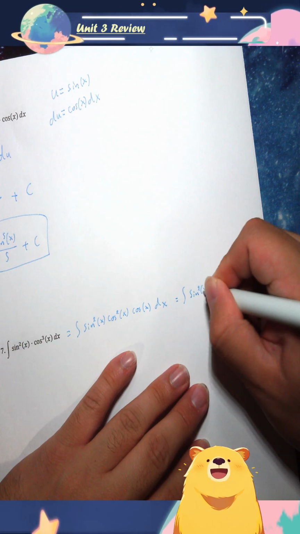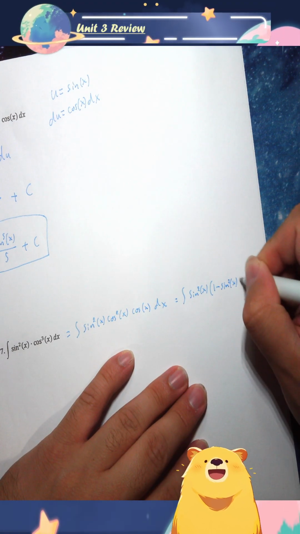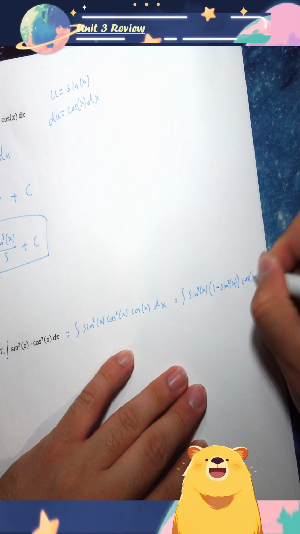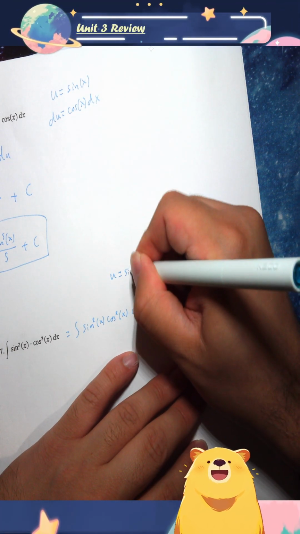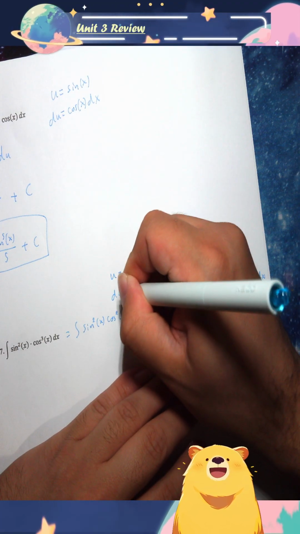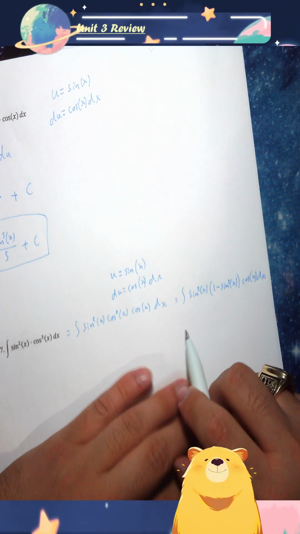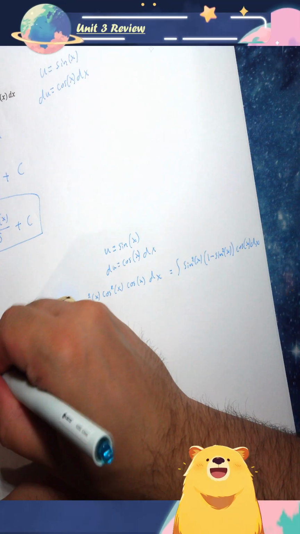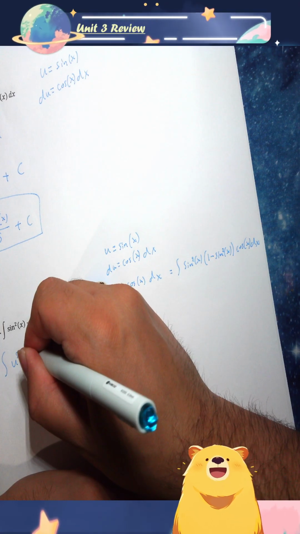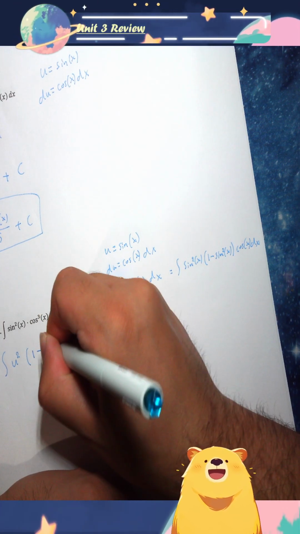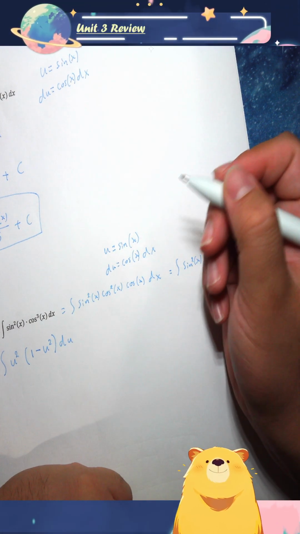Sine squared of x, 1 minus sine squared of x, cosine of x dx. Using the same thing, u is sine of x, du is cosine of x dx. So that means you have the integral of u squared, and then times 1 minus u squared du.